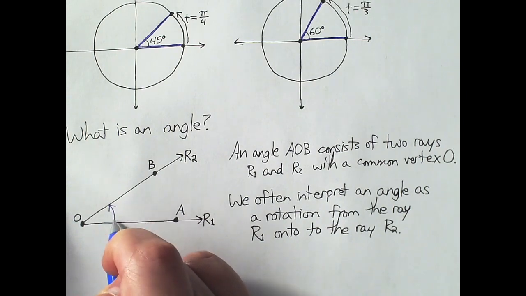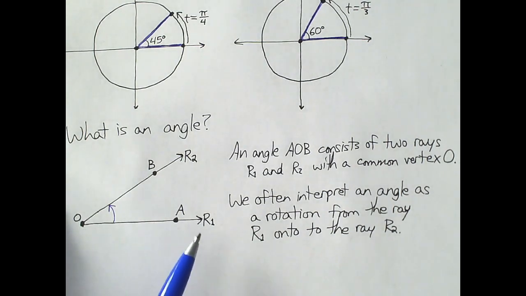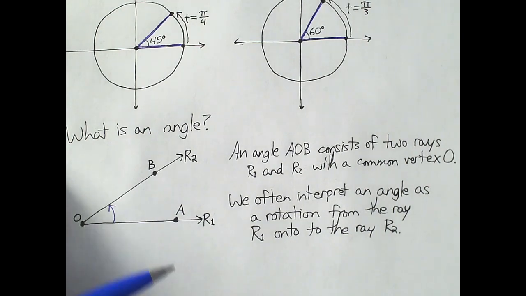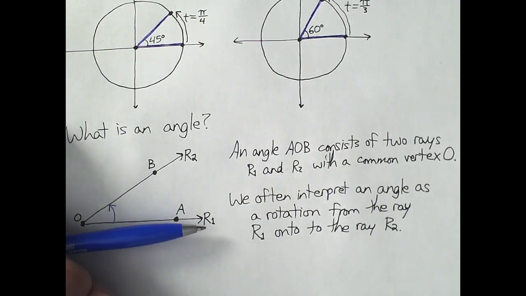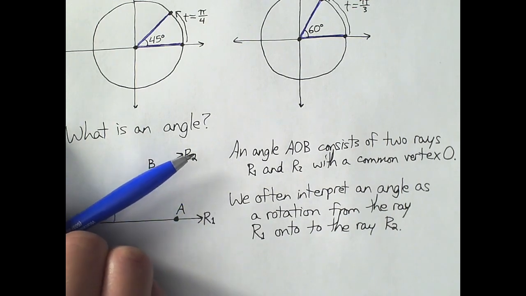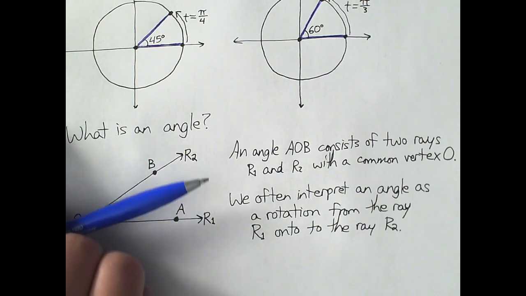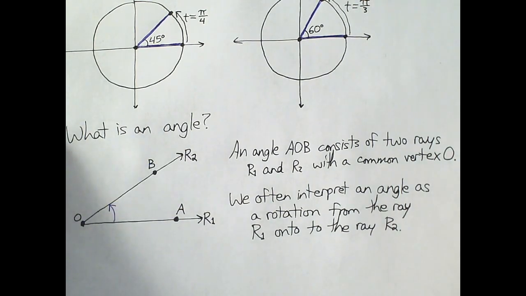Like that. See what I just did there? So we might think of R1 as sort of the starting ray, and the ray R1 gets rotated counterclockwise until it matches the direction of R2. So how much did we rotate? That's going to be sort of the measure of the angle.